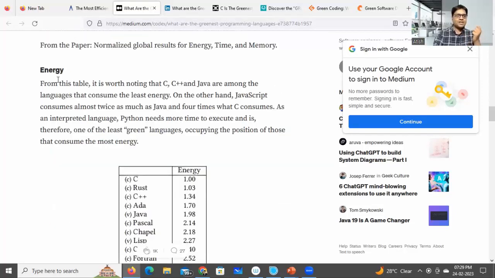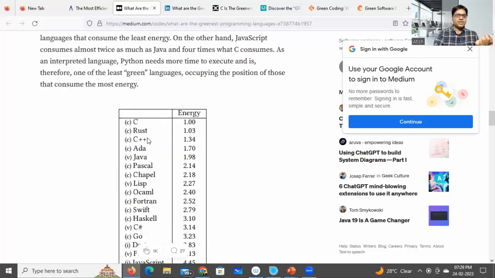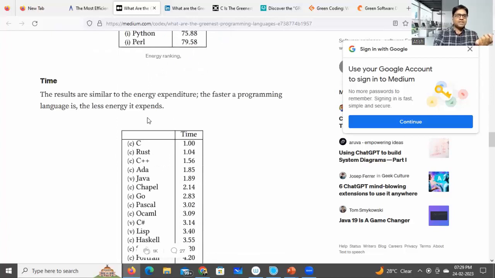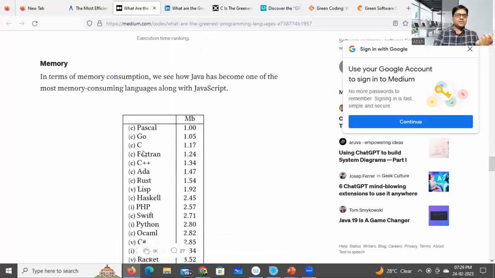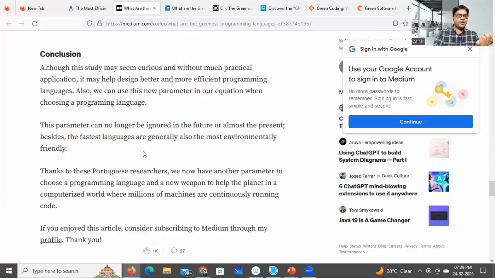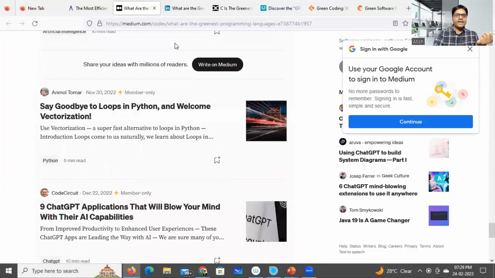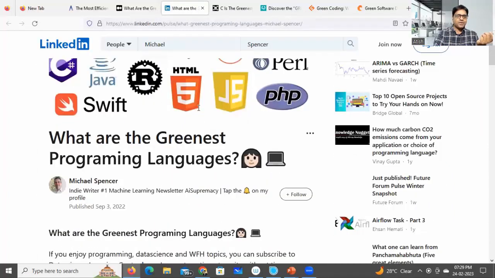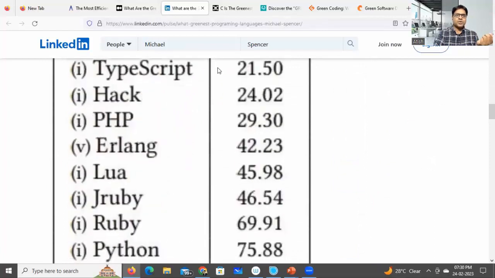In terms of energy, it is C, C++, Rust; in time, C, C++, Rust again; and in memory, Pascal, Go, and C. This other one is from LinkedIn, where they have done the same kind of research.